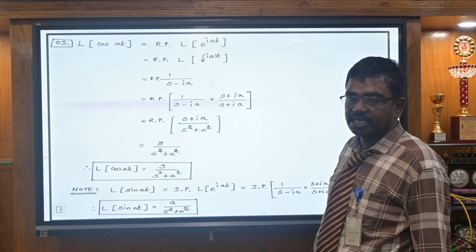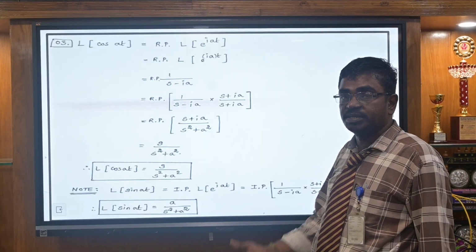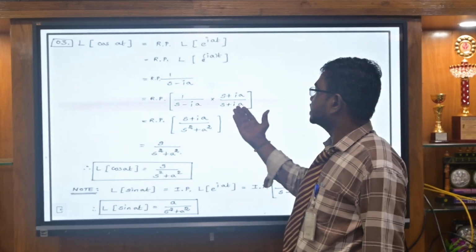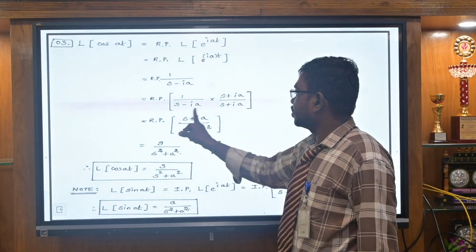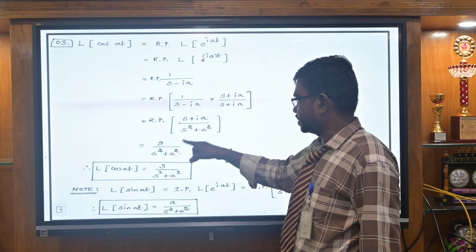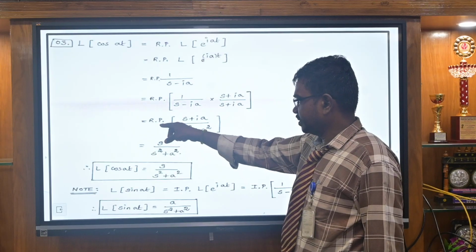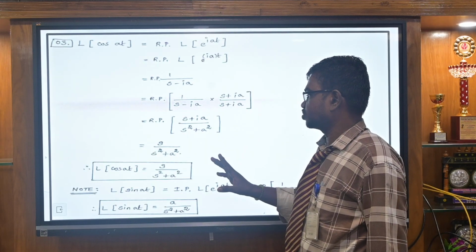With a plus ib into a minus ib meaning a square plus b square, s minus ia into s plus ia gives s square plus a square. Therefore the real part is s by s square plus a square. The imaginary part is a by s square plus a square.